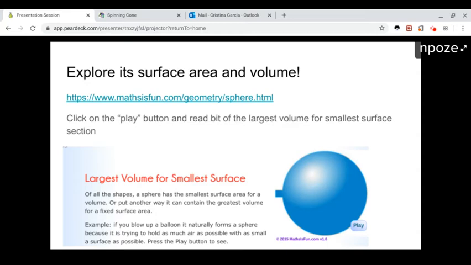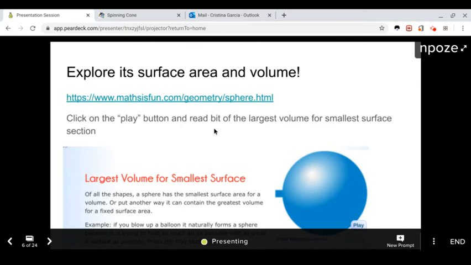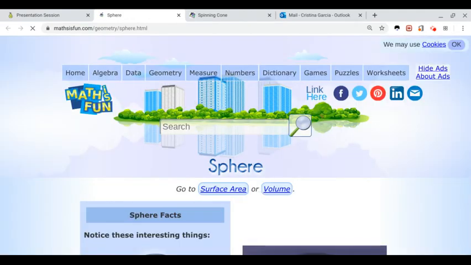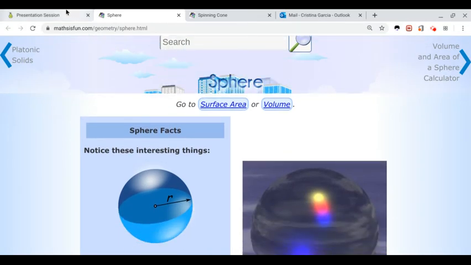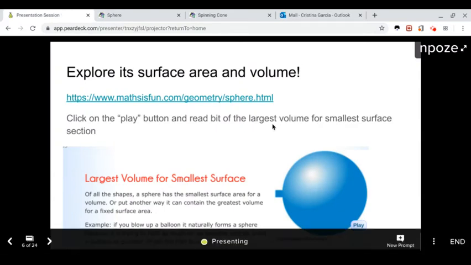And so we're going to go ahead and explore this website. You're going to click on the play button and read a little bit about the largest volume for the smallest surface section. This is part of it, but it's going to look like this, and I'm going to have you guys click on this part.